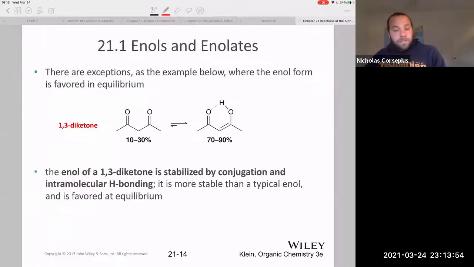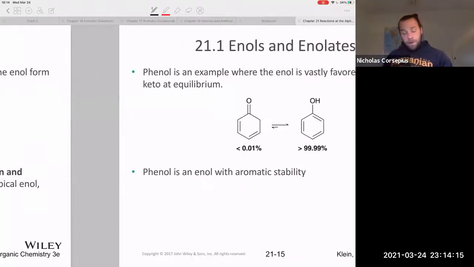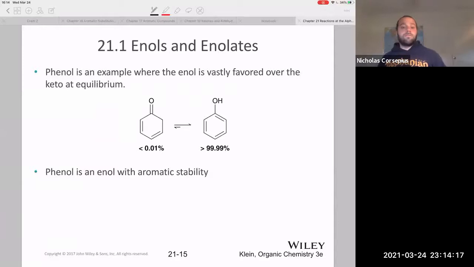There are some exceptions. When you have a 1,3-dioxo, this is going to favor the enol a little bit more because there's a stabilization from hydrogen bonding of the neighboring oxygen. So that helps stabilize it, and pushes this reaction in favor of the products a little bit. And the one that's 100% in favor of the enol form is when that enol is phenol.